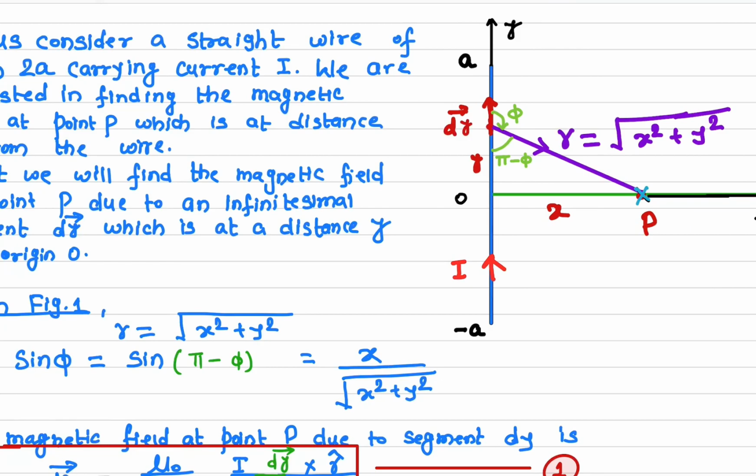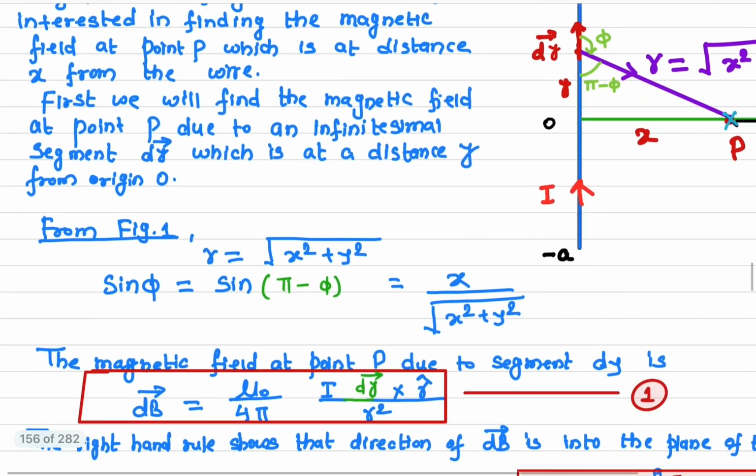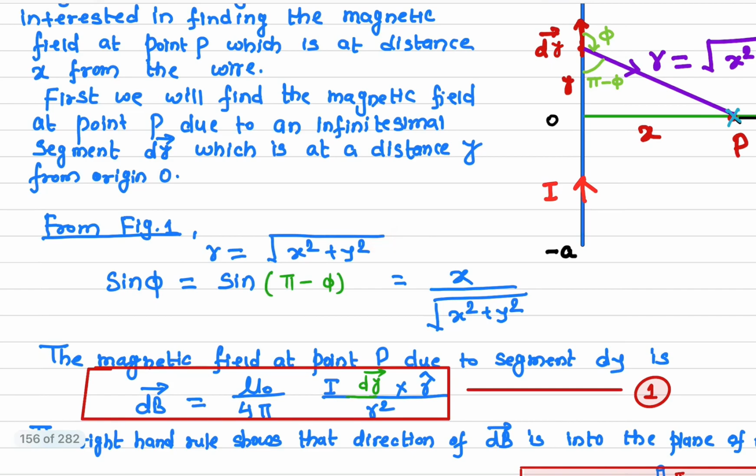All right, so once we know y and x, then r squared will be x squared plus y squared. That's what I've written here. If we know this angle phi, then this angle will be pi minus phi, or 180 minus phi. Sine phi is equal to sine of pi minus phi, just from trigonometry.